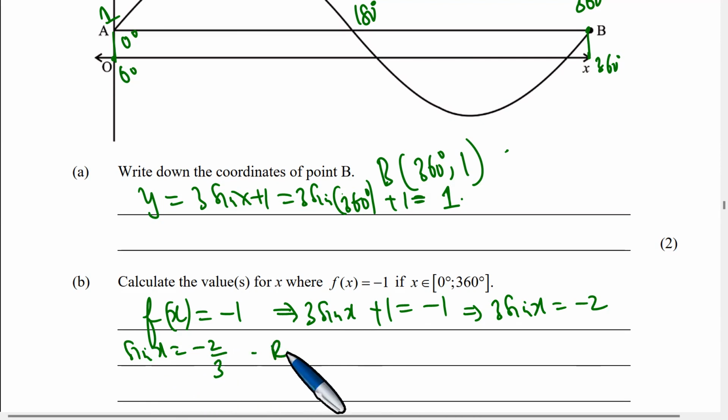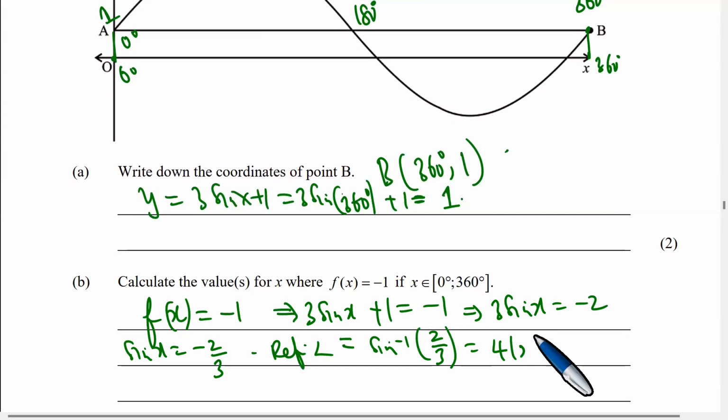What is the reference angle? You take the positive, so the reference angle is going to be arc sine of 2/3, which is 41,81 degrees. We're looking for where the sine is negative, so using the CAST rule, the sine is negative in those two quadrants.